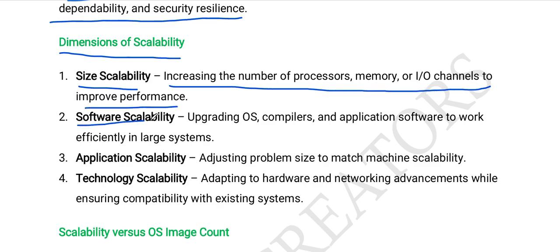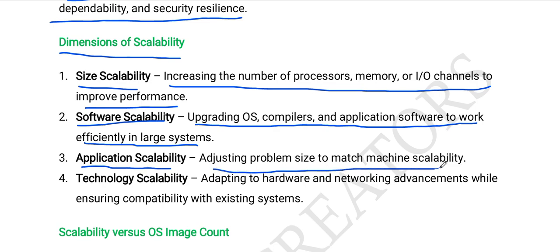Next is software scalability: upgrading the operating system, compilers, and application software to work efficiently in large systems. Application scalability means adjusting the problem size to match the machine scalability.